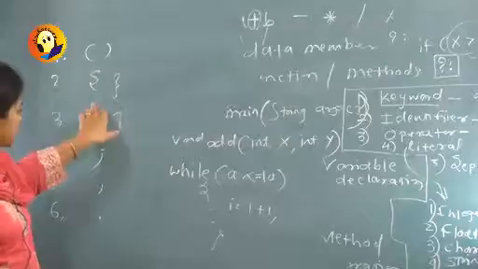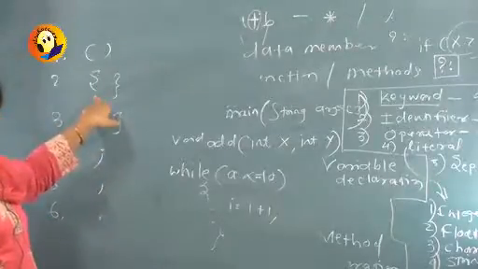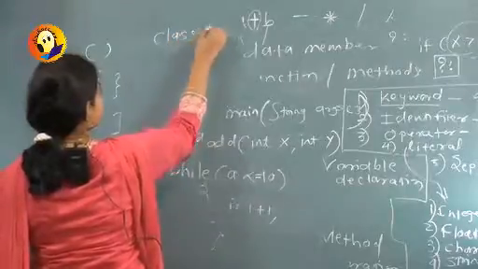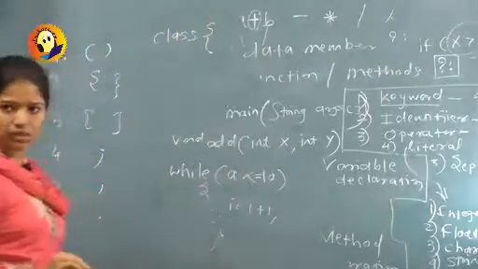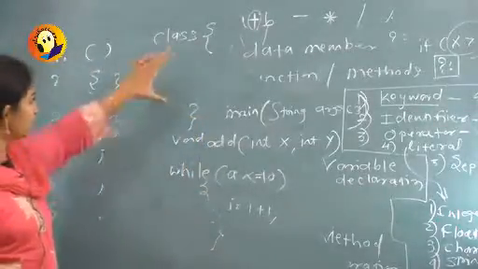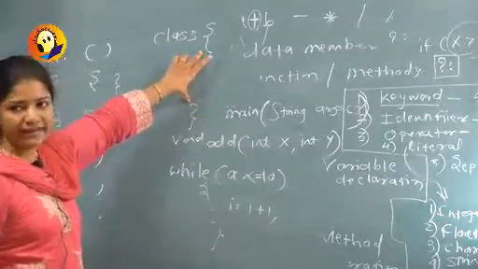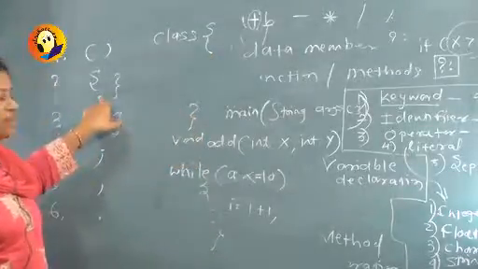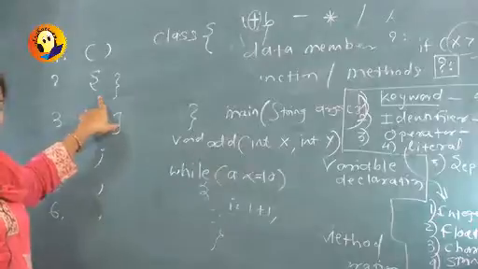Clear? So next thing, curly braces. Whenever you declare a class, you need to provide scope, or a block, for the class. That block or scope is provided with the help of an opening curly brace and a closing curly brace. This is the second separator used in a Java program.